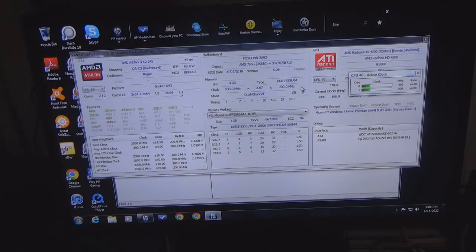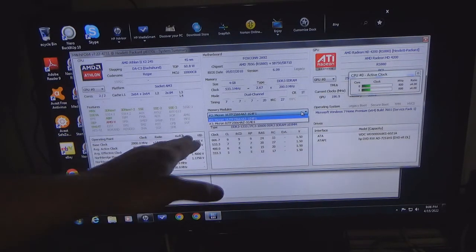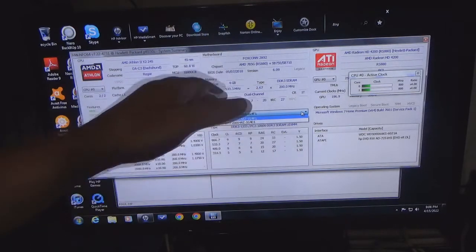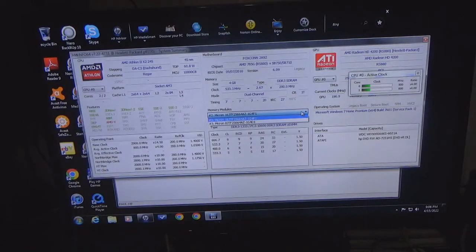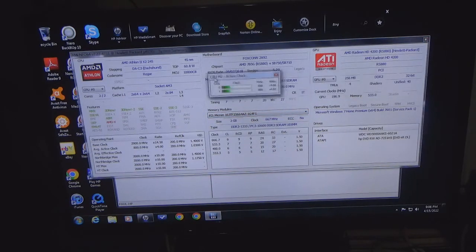That is what I'm going to do. 2 memory modules, and it tells me the name of the memory that is in this machine right now. Alright, so this is the CPU.